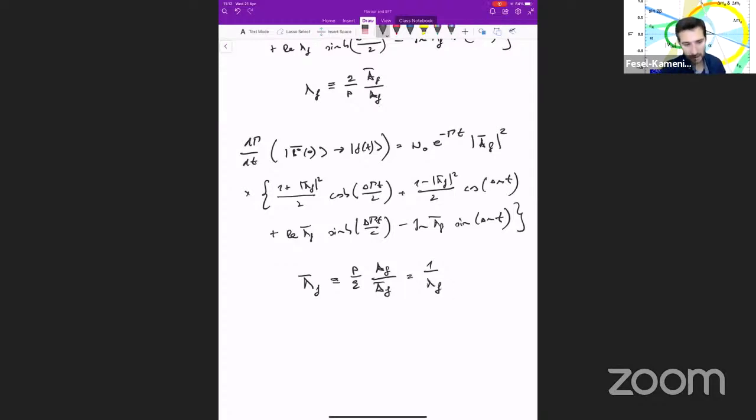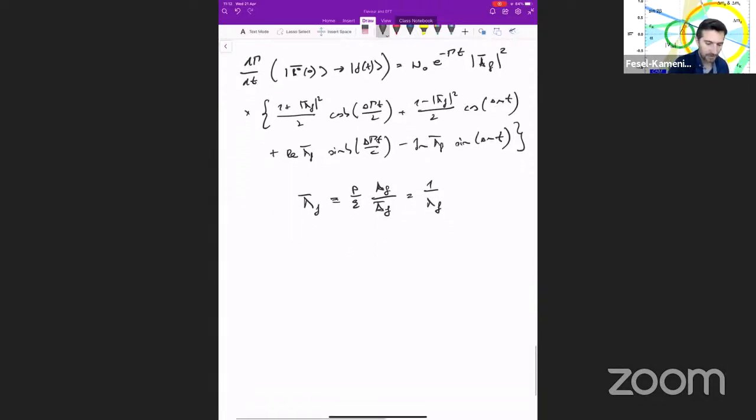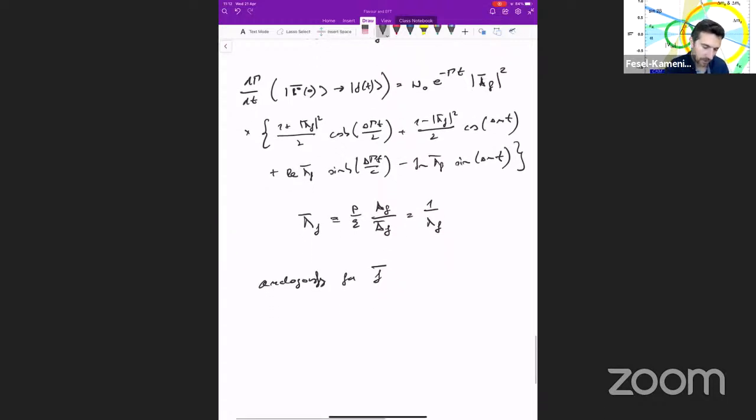And analogously, one can also define the time-dependent decay rates for decays to f bar, for example. Now we can discuss the physics contained in these time-dependent decay rates, namely what is the physical meaning of the different terms.